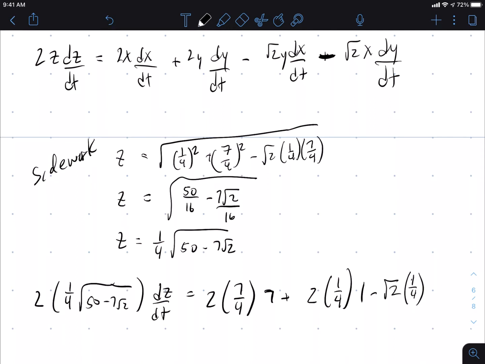Seven fourths minus root 2 x, which was 7/4. Ooh, my bad. This should just be 7. And this should be 1.